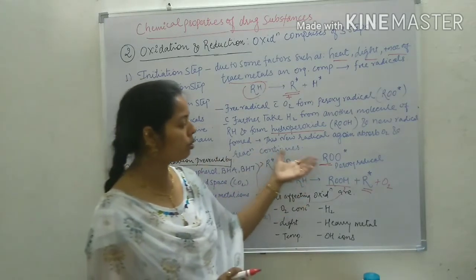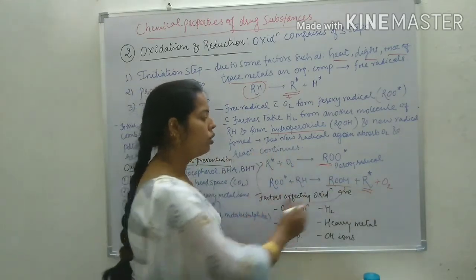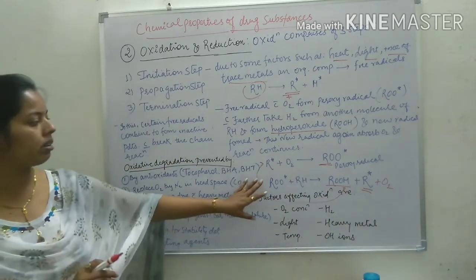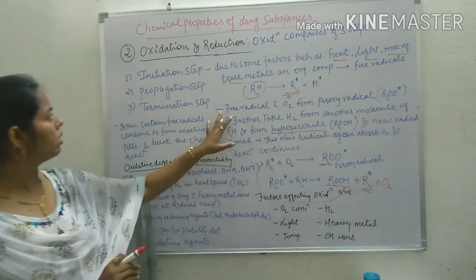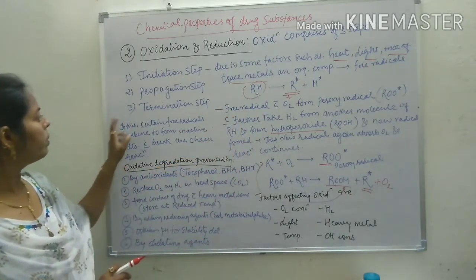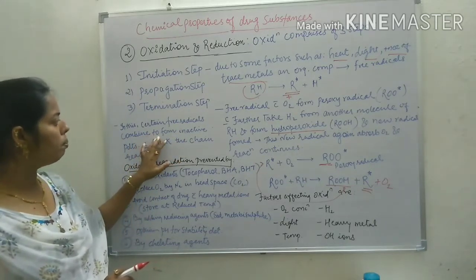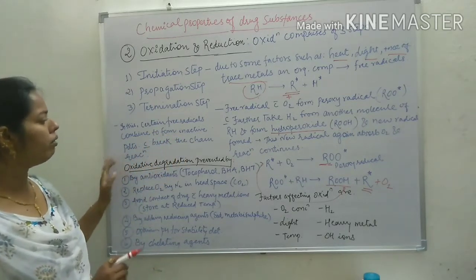So we have to terminate this process so it does not repeat again and again. How can we terminate this propagation step? In the termination step, certain free radicals are combined to form an inactive product.